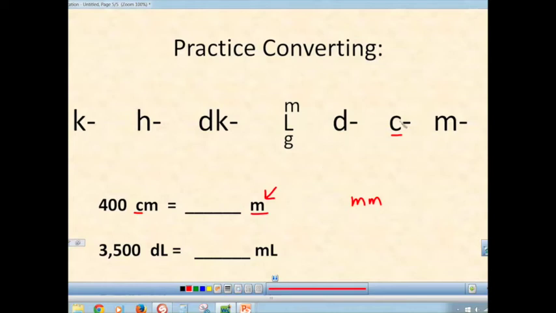So we will go from centi back to meters, and we will divide by 10 as we move to the left, and divide by 10 as we resort our units into larger sizes. And so we're going 400 divided by 10 and then divided by 10. And if you do that, you end up with just 4.